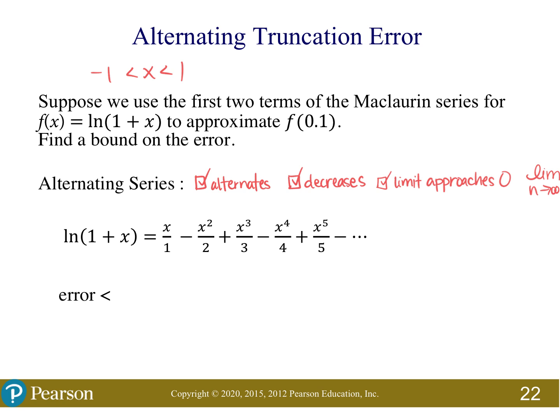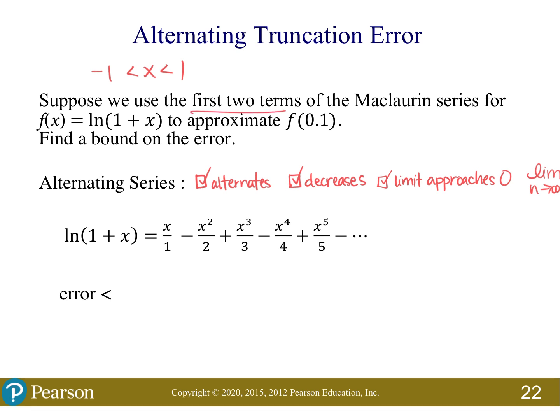So if we want to truncate after the first 2 terms, which is how that's defined, we just cut it off right here. So my error starts on that side of the truncation. And so my error formula is no more than the absolute value of that term.